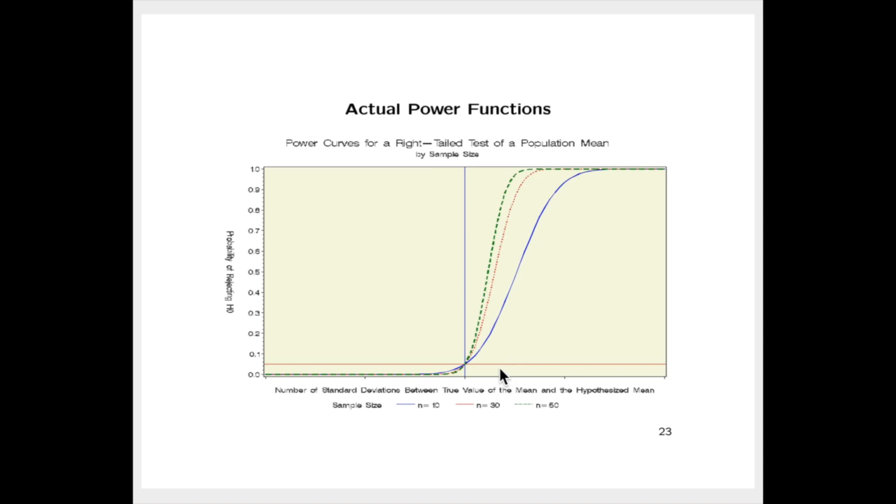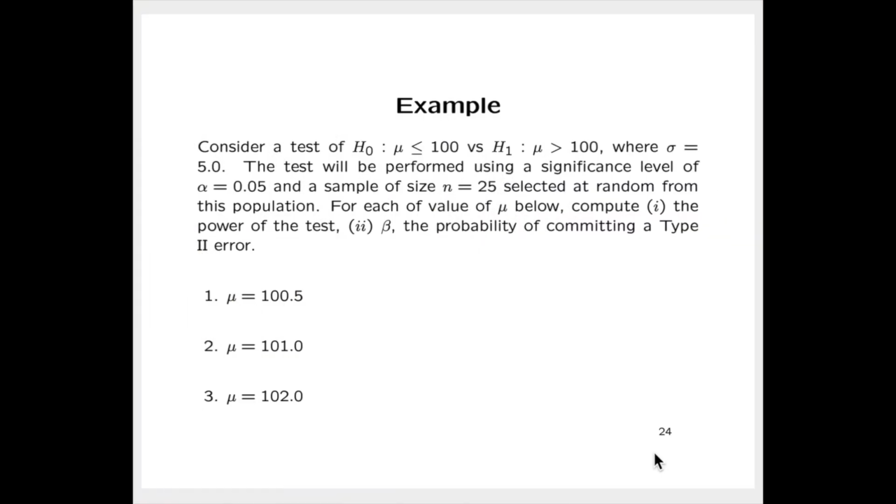Also, for a given value of mu, as the sample size increases, the power increases. If we continued to increase the sample size, the power curve would approach more closely the ideal right-tailed test. Now let's look at a few more examples.